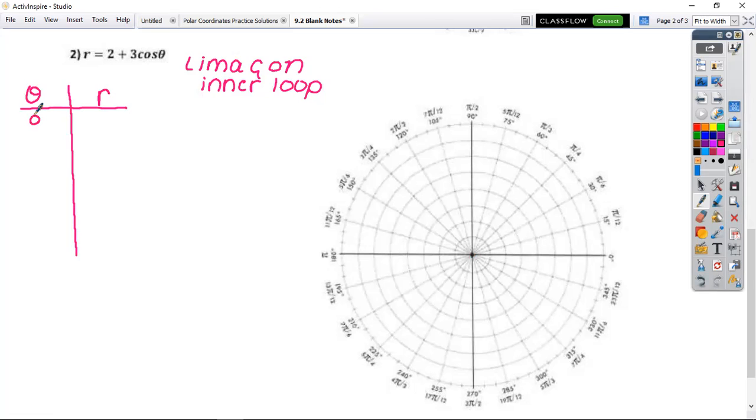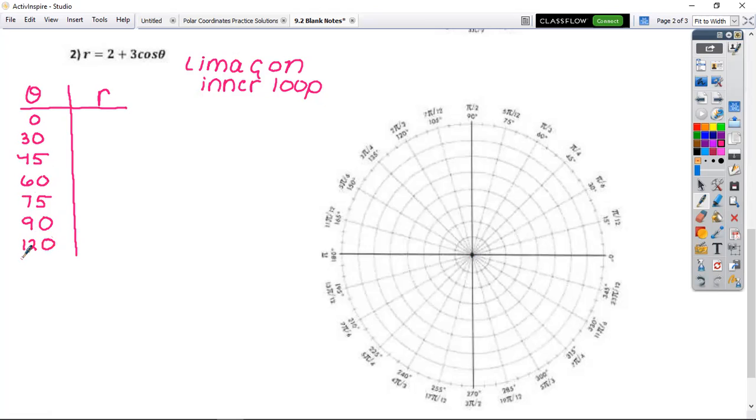I'm going to go 30. I'm going to go 45. So I can create an accurate picture to help me draw. 60. Followed by 75. I'm going to do a couple more on this one. 90 is next. I'll go 120.